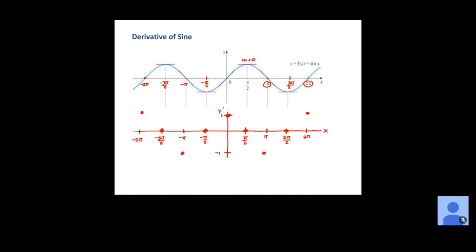Now, if I were to connect those points, okay, since the original curve is a nice smooth curve, right, the derivative is going to kind of be the same because those slopes aren't going to change drastically. It's not going to be nice straight lines or anything. Okay, it's actually going to smooth out. If I connect those points with a nice smooth curve, what is that curve going to look like?